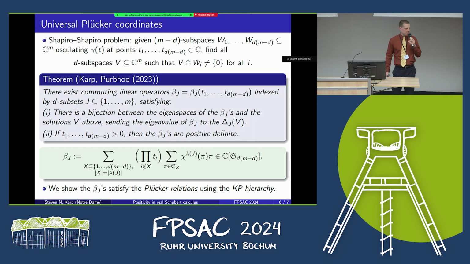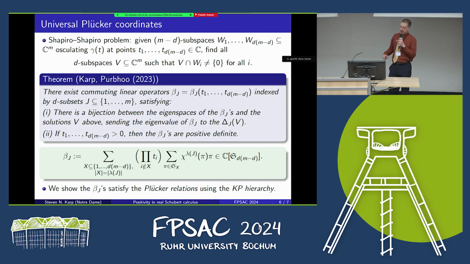And just a comment about the proof. The most difficult part of the proof is showing that these elements beta j satisfy the Pluecker relations. The Pluecker relations are the defining relations in Pluecker coordinates, which cut out the Grassmannian. And to do that, we use a connection with something called the KP hierarchy.